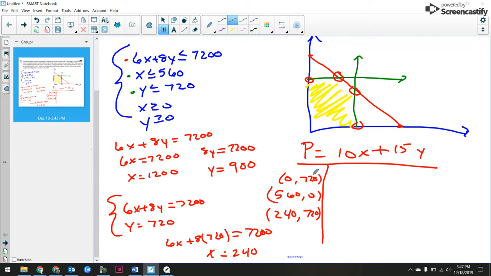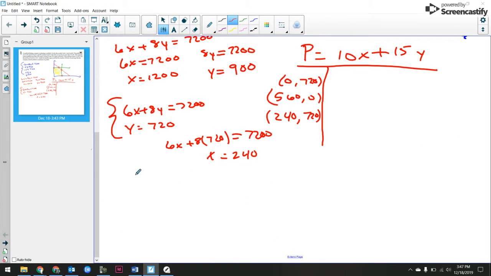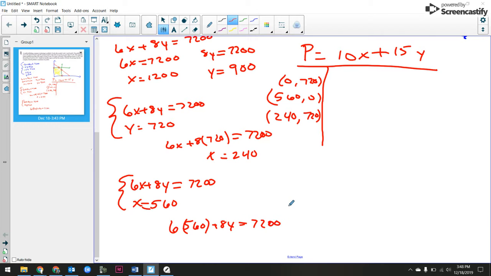Then I do the same thing here. It's the diagonal line, 6x plus 8y equals 7,200, and now my vertical line, x equals 560. I just do substitution.